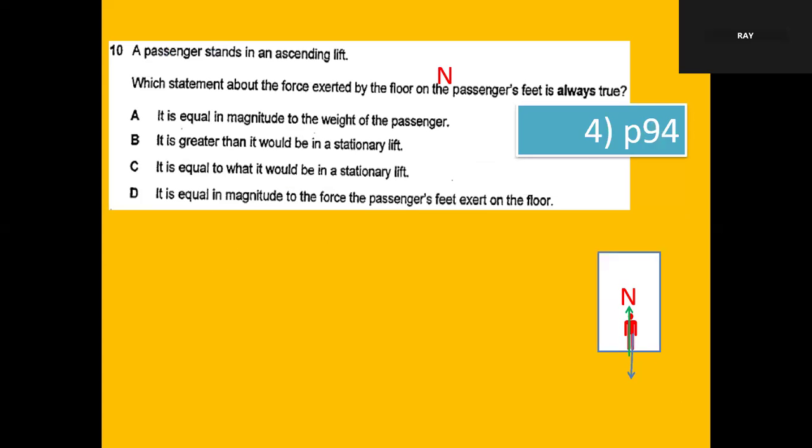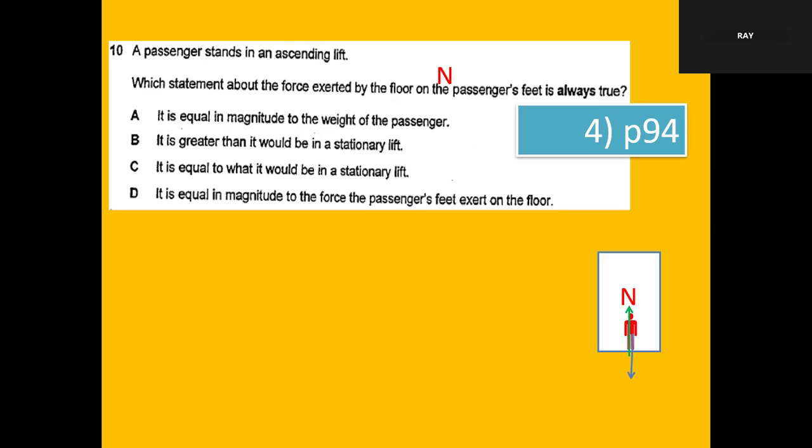How about this one? A passenger stands in an ascending lift. Which statement about the force exerted by the floor on the passenger's feet is always true? Ascending means going up, right?